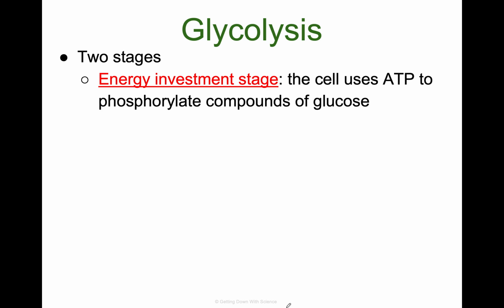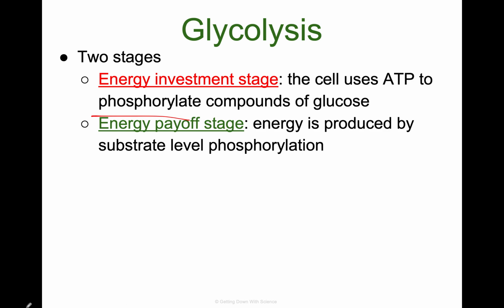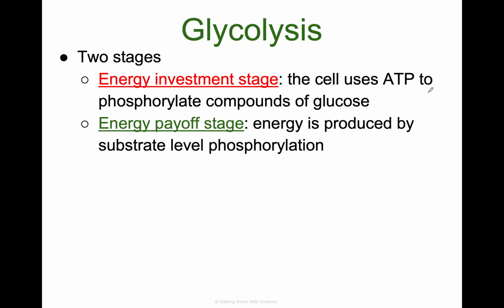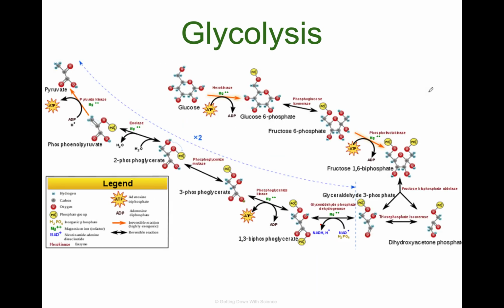There are 2 stages, as I was mentioning in the earlier model. There's the energy investment stage, so the cell has to use ATP to phosphorylate these compounds of glucose. And then there's the energy payoff stage, where energy is produced by substrate level phosphorylation. So let's go back and look at this.